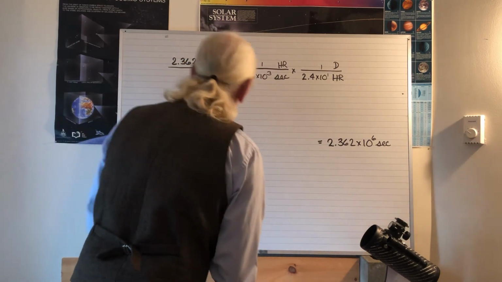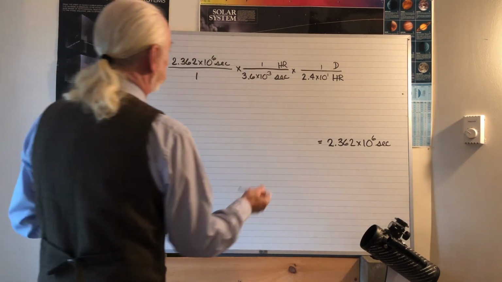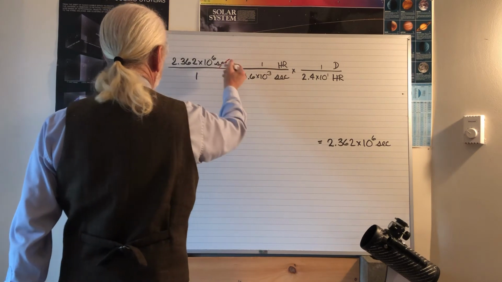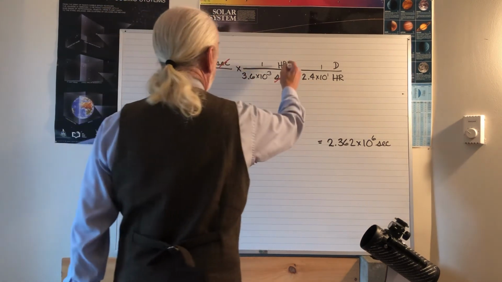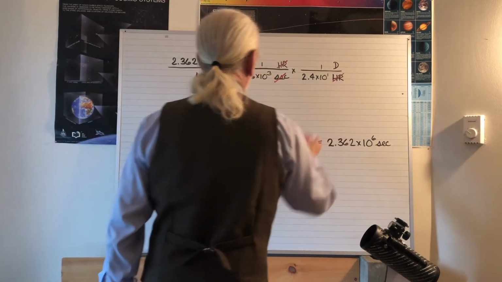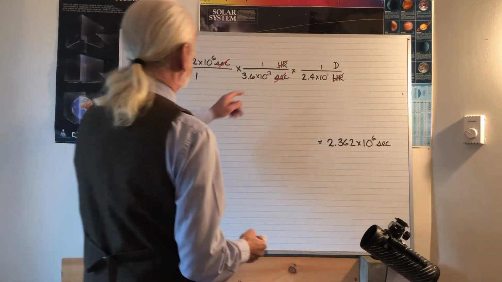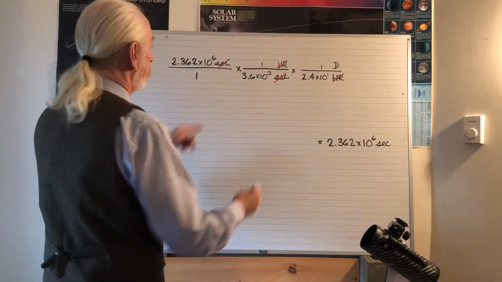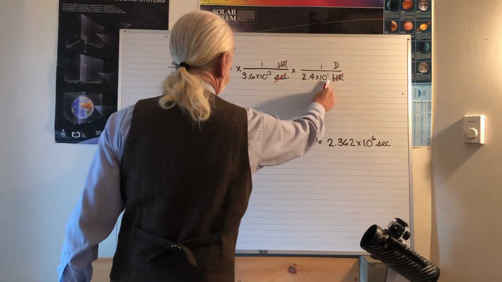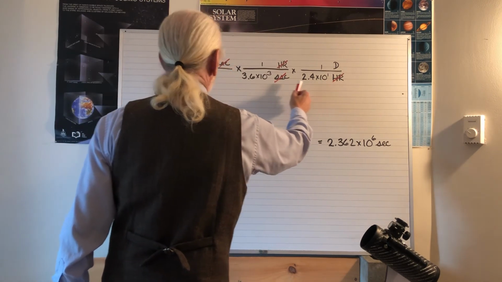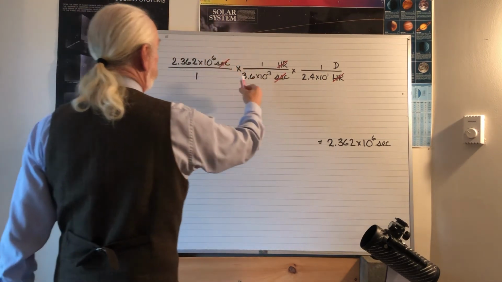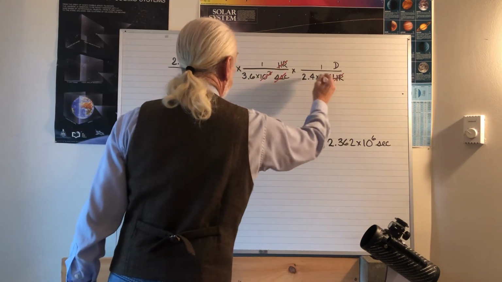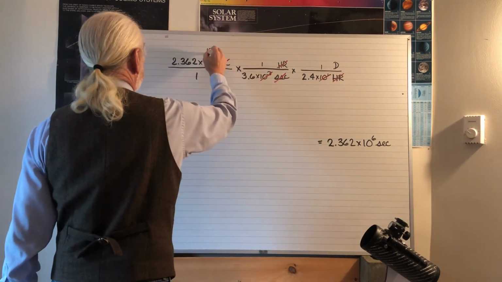Now I can cross cancel my seconds, my hours. Okay. Now, I can cross cancel my powers of 10 here too. 10 to the 3rd times 10 to the 1st is 10 to the 4th. 10 to the 6th over 10 to the 4th, that becomes 10 squared.